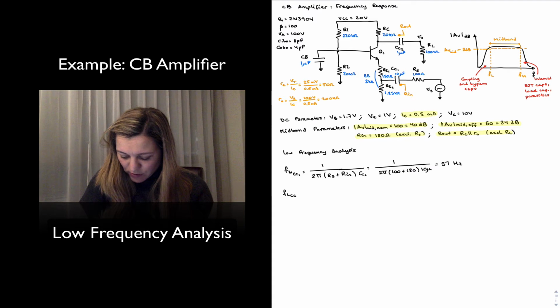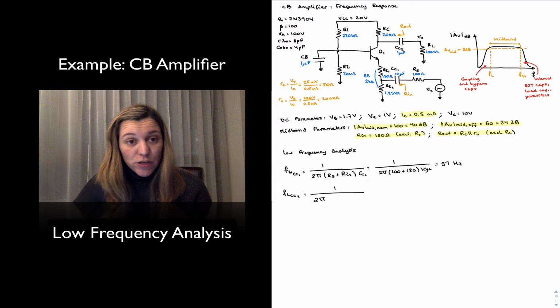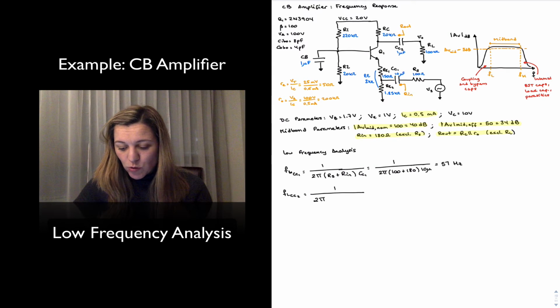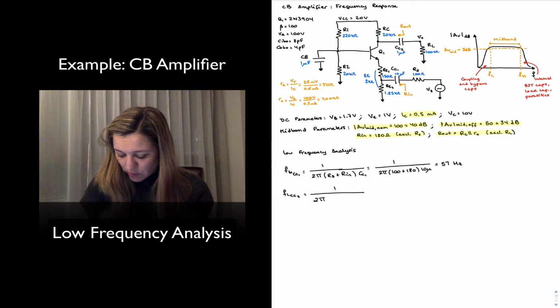My low cutoff frequency due to CC2 is going to have the same form, 1 over 2 pi RC. In this case, R will be the Thevenin resistance associated with capacitor CC2, which will be RL in series with the output resistance of our circuit, which we previously calculated.